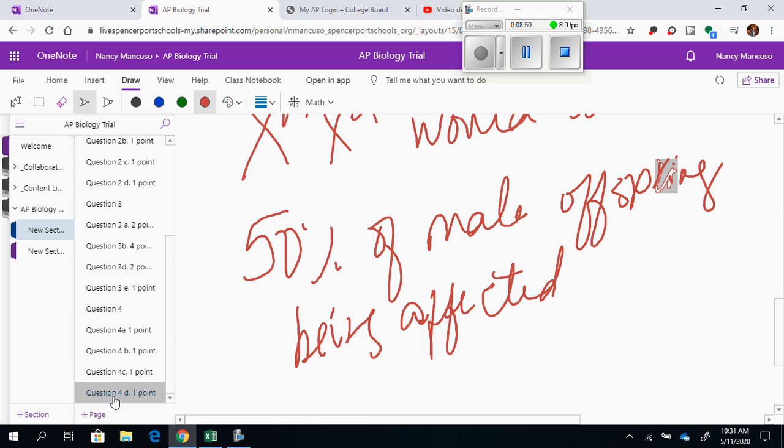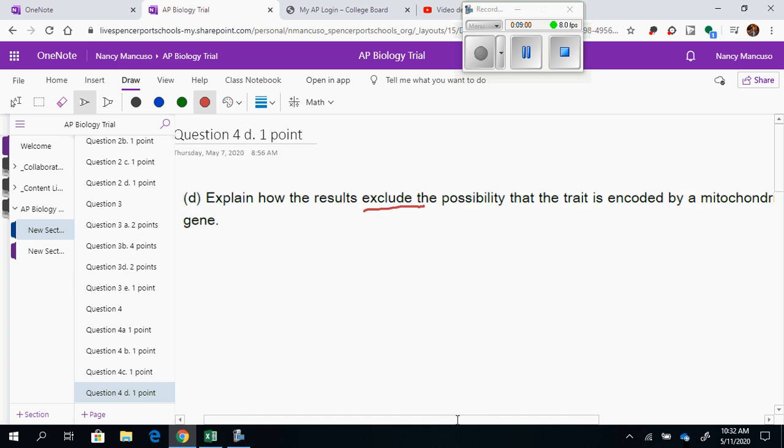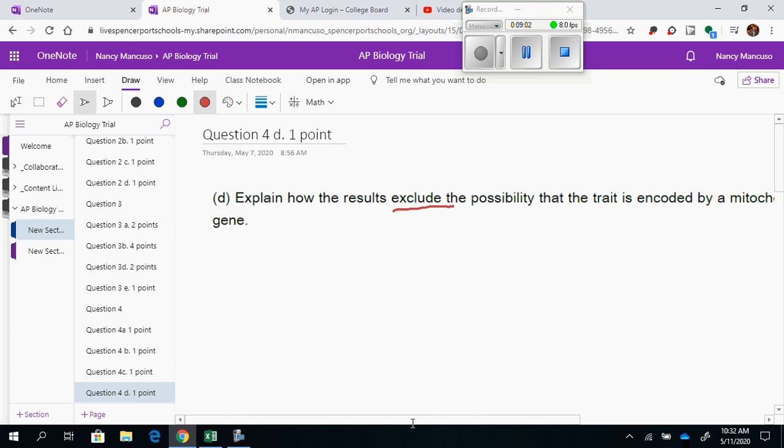Okay, on to the last part of this question. Explain how the results exclude the possibility that the trait is encoded by a mitochondrial gene. Okay, how do these results say that it's not possible that it's a mitochondrial gene? So first of all, I want to go back to mitochondrial DNA.